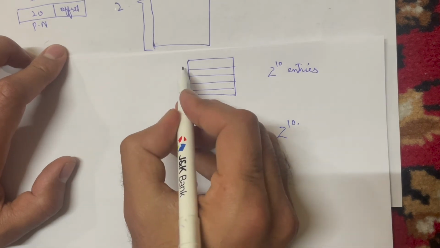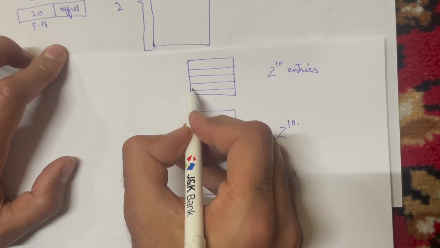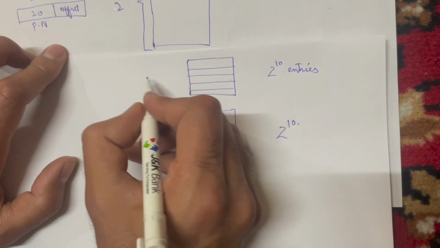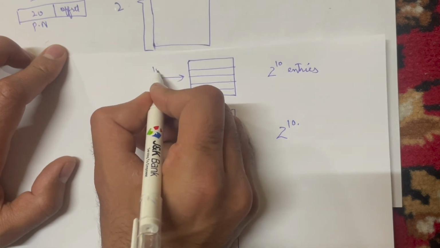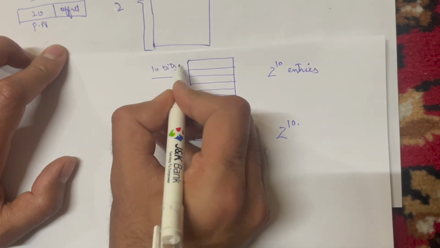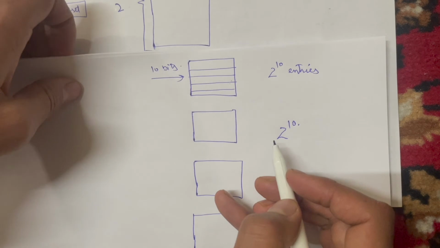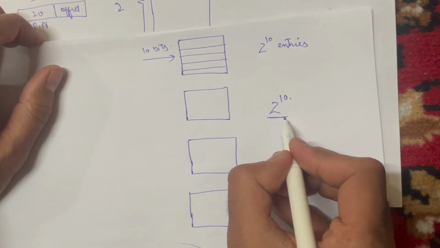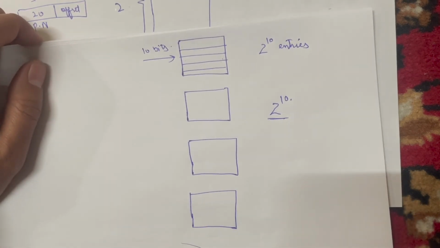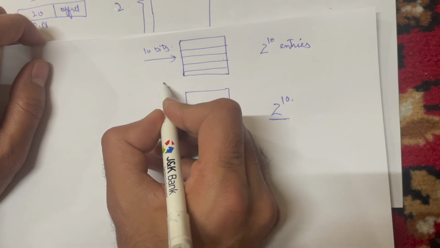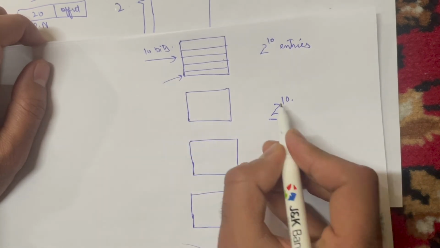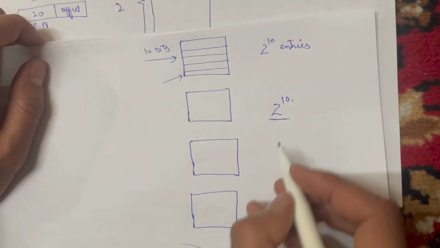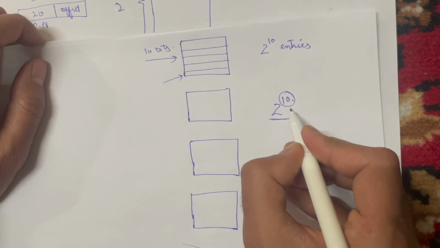So if I have to access one entry inside this sub page, how many bits are required? 10 bits. And total how many sub pages are there? 2 raised power 10. So to determine one sub page from these 2 raised power 10 sub pages, how many bits are required? 10 bits.